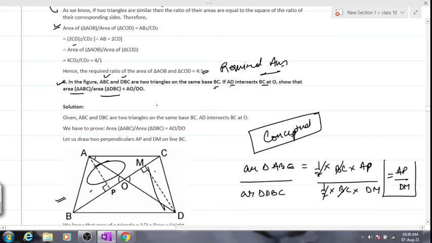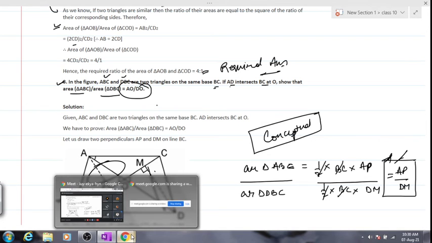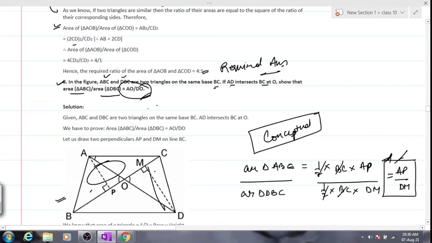But we are required to prove AO by DO, no? So we'll see very closely that there are two triangles formed out here. Now if somehow we prove that these two triangles are similar, we can write AP by DM equals AO by DO, right or not?